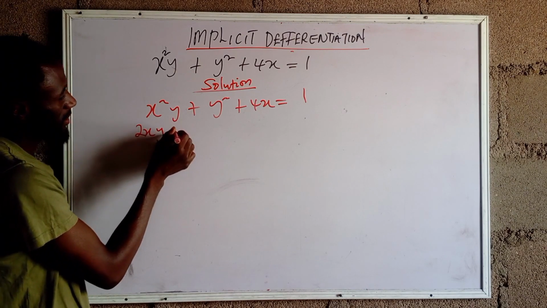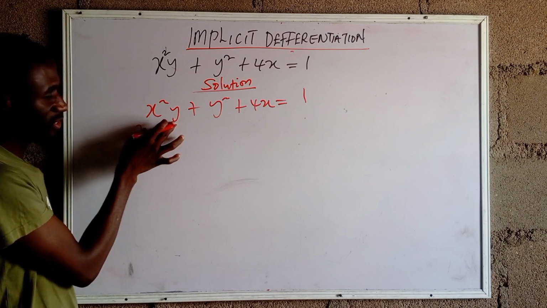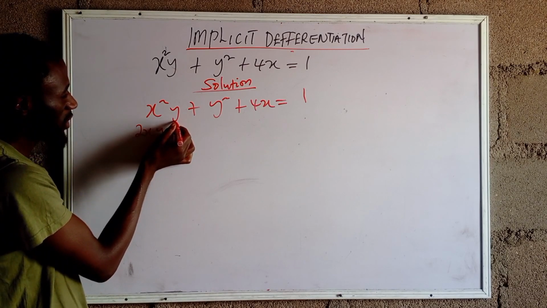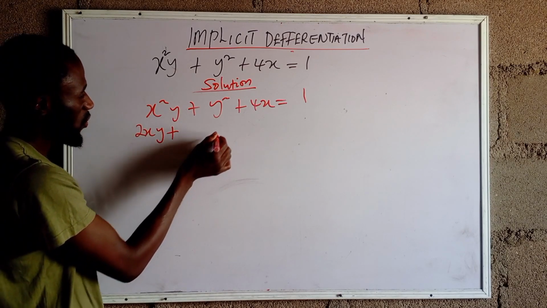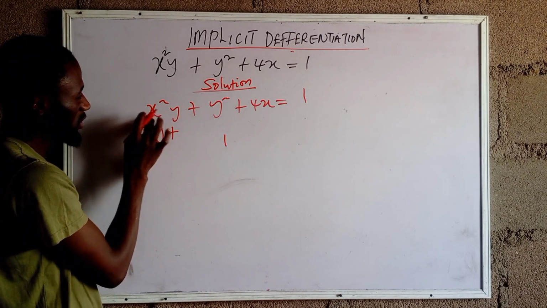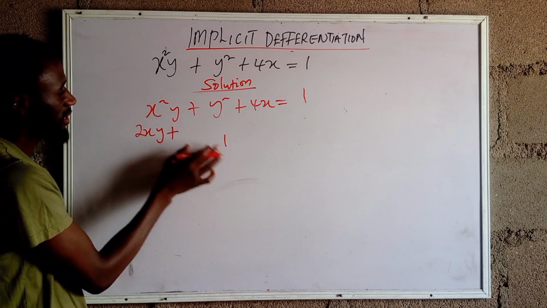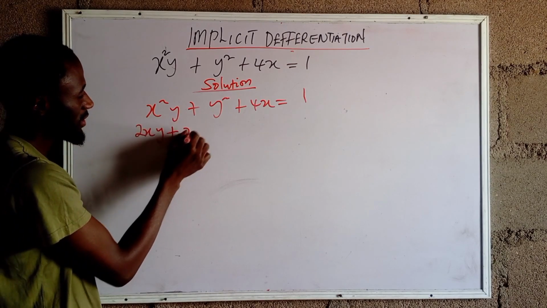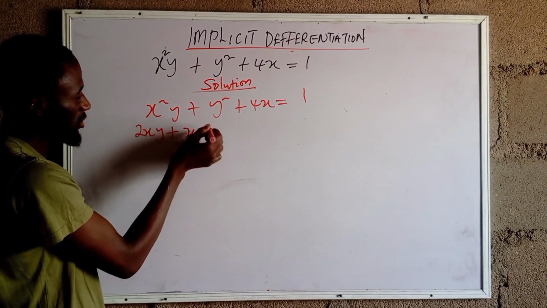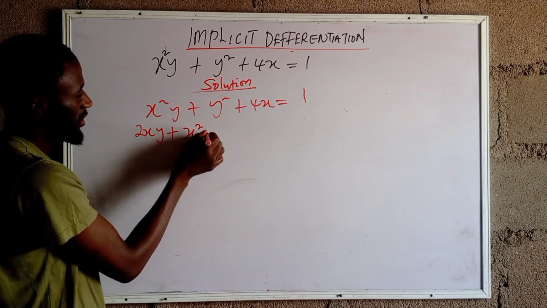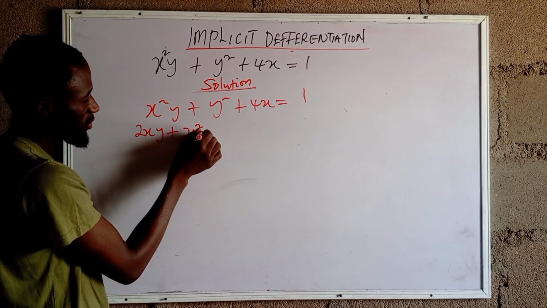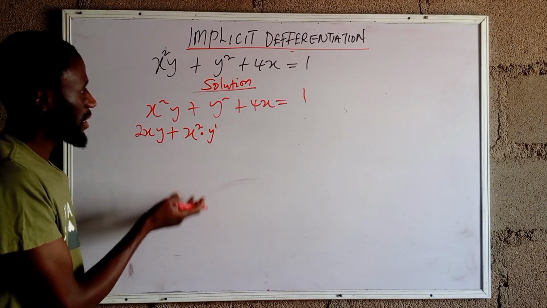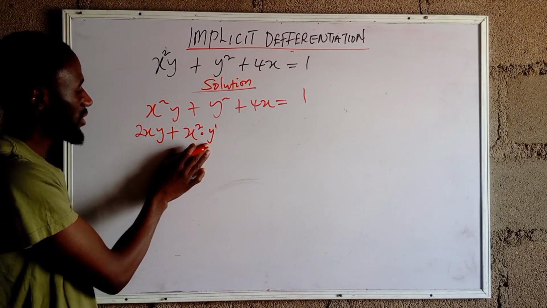Then we differentiate y again, that is plus, if you differentiate y you get 1, which you multiply with x squared. And mind you, once you differentiate y, you also multiply with dy over dx, or let's multiply with y prime, which is our substitute for dy over dx.